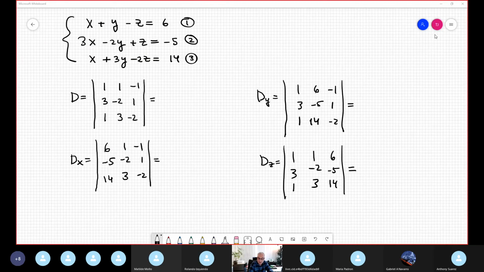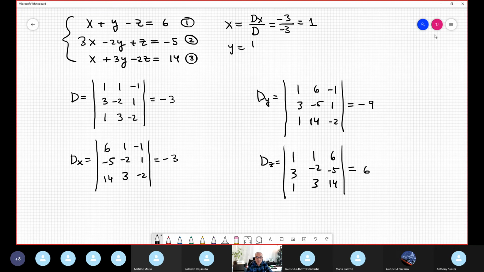The answer I get in the software was -3 here. That was -3 again, coincidence. That was -9. And that was +6. Therefore, x is equal to dx divided by d, which is -3 divided by -3, which is +1.